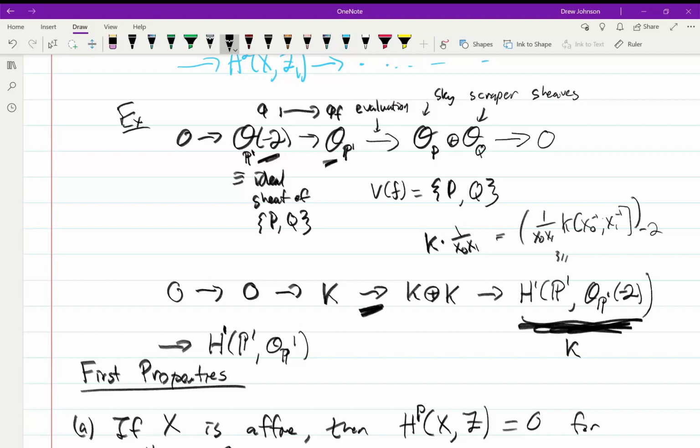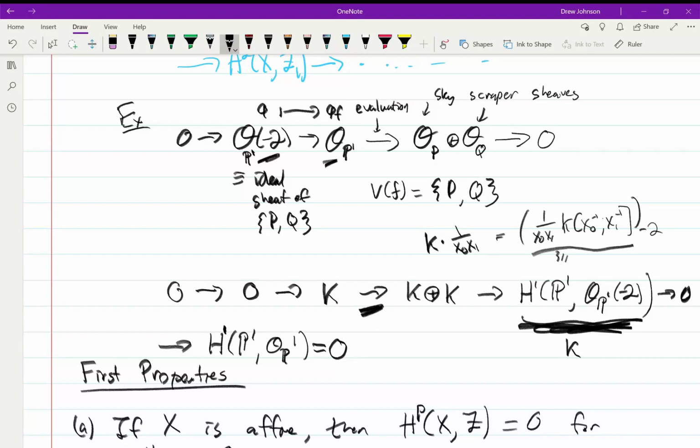And this is going to be equal to 0, right? Well, why is it equal to 0? It's the degree 0 part of this thing, but there's no degree 0 part. Everything has a strictly negative degree, or you can just use the formula too. Okay, so that's 0. So our sequence terminates right here.